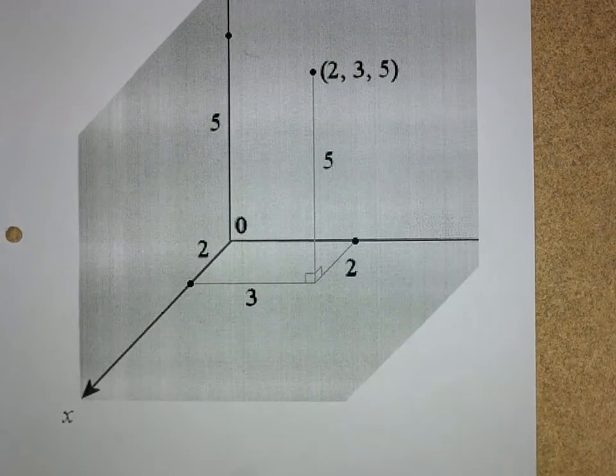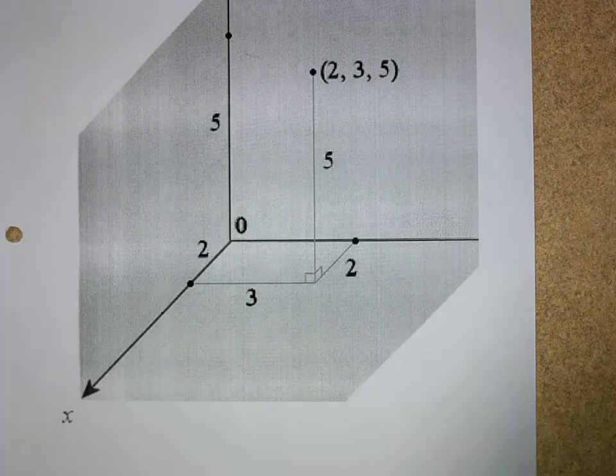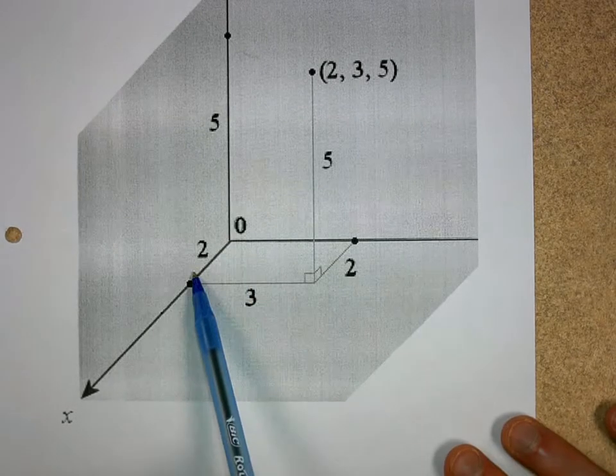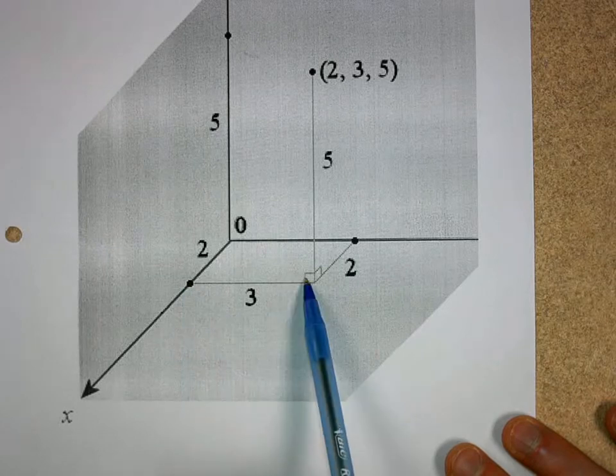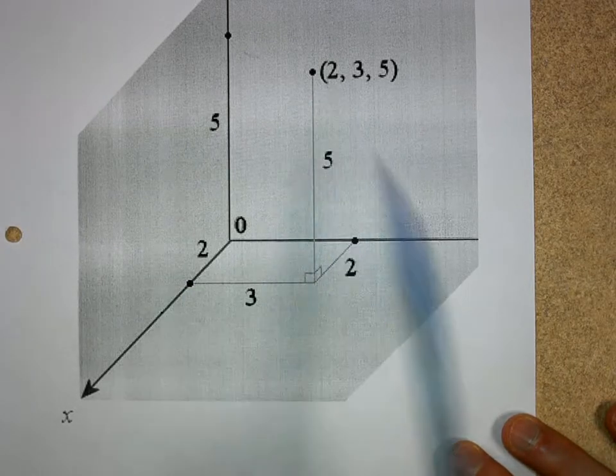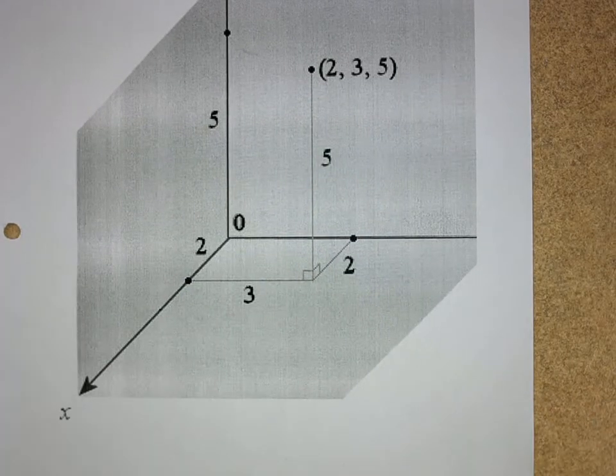This one you can see the x-axis is coming out as opposed to the y-axis. And this is the way you're going to see it on your sheet. Here we go down 2 units, which here it's +2. Then we're going over 3 units, and then finally up 5 units. So the point 2, 3, 5 is sitting out in space, sort of upward in this first quadrant area.